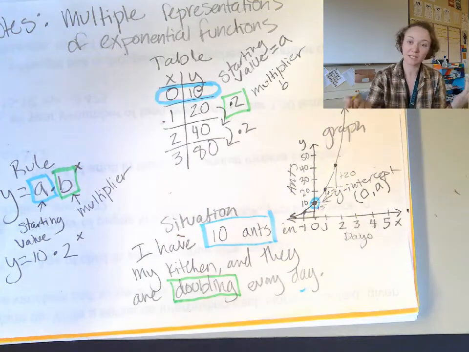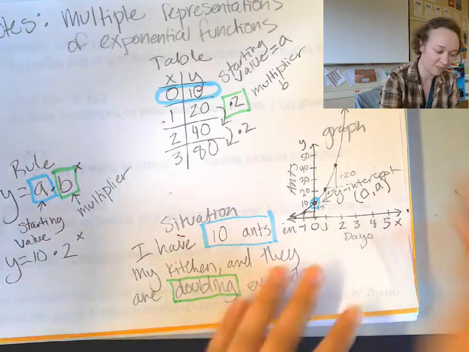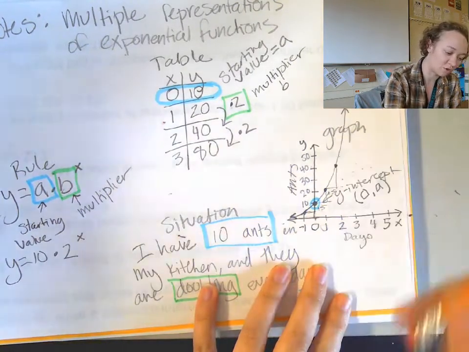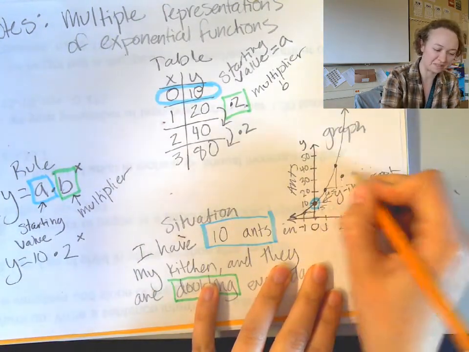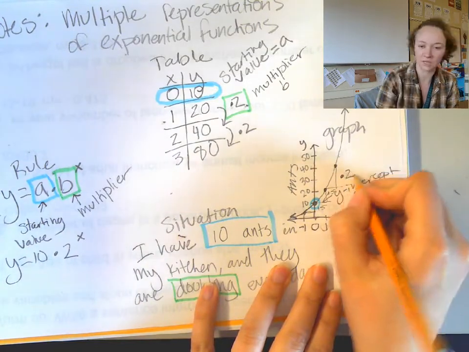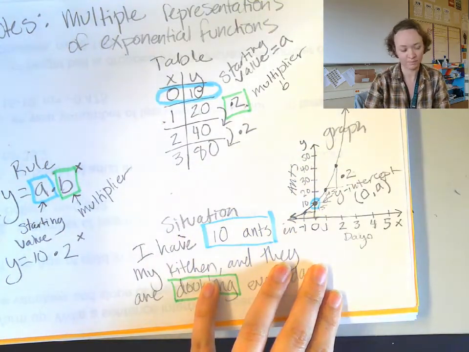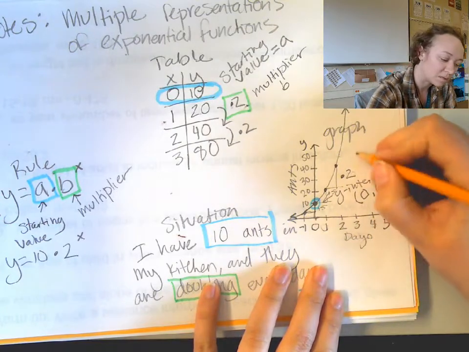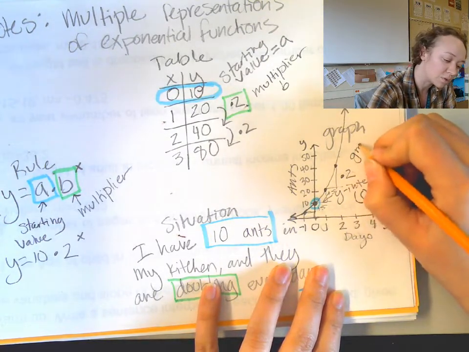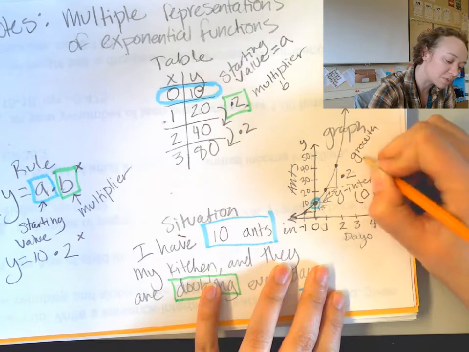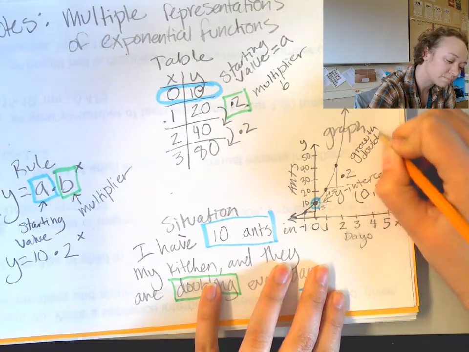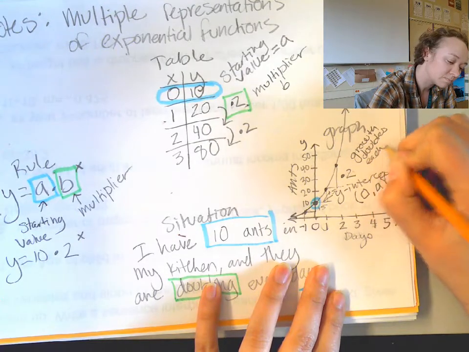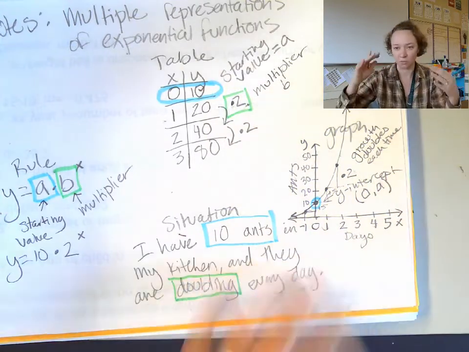What it is doing is multiplying by 2 every time. We don't normally write it like that, but we can think about that as being like a ×2. So I'm going to say the growth doubles each time because it's multiplying by 2 every time.